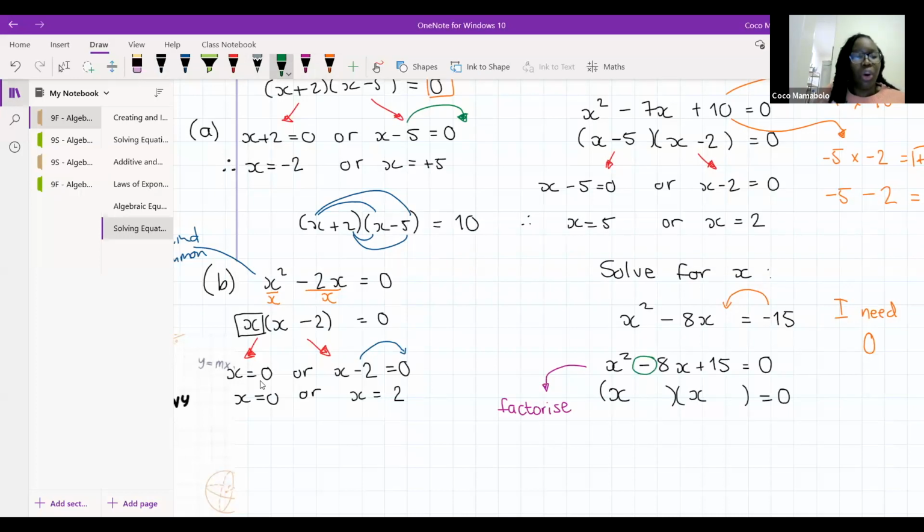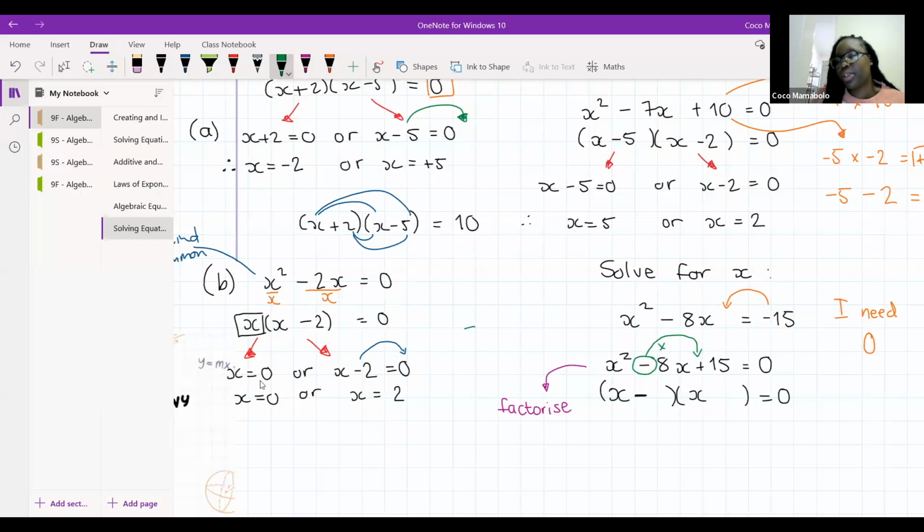Without a doubt, one of them is going to be a negative. So I'm going to put a negative in one of my brackets. And the other one a plus? No, it's not going to be a plus. I need to ask myself first, Tando: negative times what will give me positive? A negative times a positive.